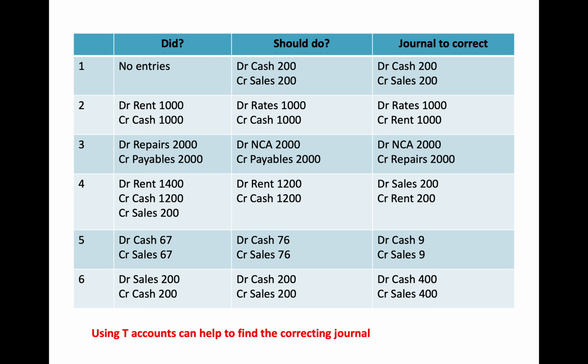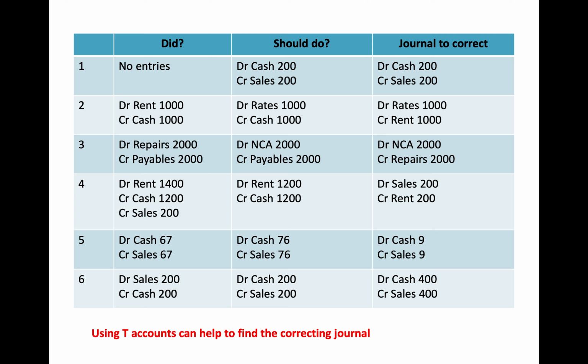Every single question regarding reversal of entries, you need to double the effect. Because if you have posted 200, then both accounts will net off to 0, which is not what you're aiming for.